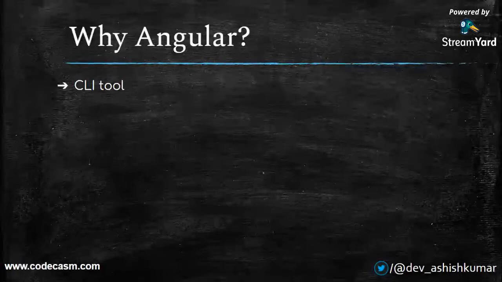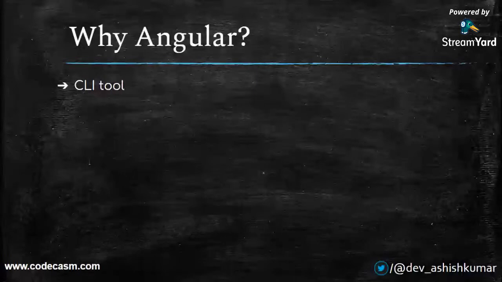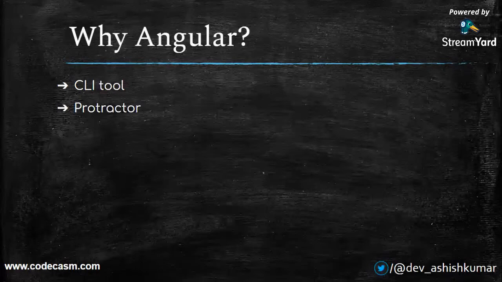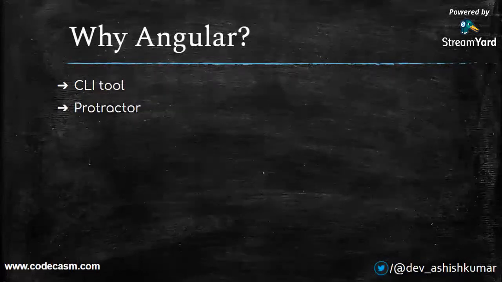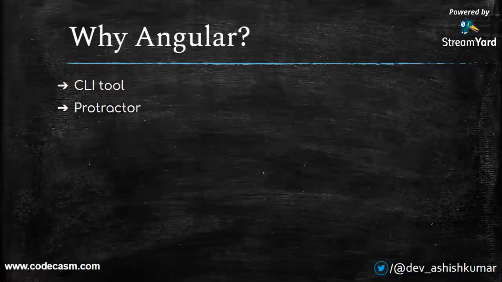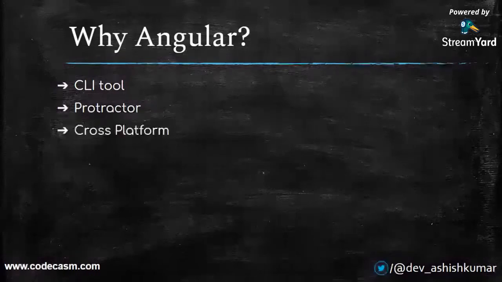Angular provides a CLI tool which makes it much easier to get started. Angular provides Protractor. As I mentioned, it is an end-to-end framework which also provides testing, so Protractor is used for testing our Angular app. It is cross-platform, so we can develop mobile applications, web applications, as well as desktop applications using Angular.